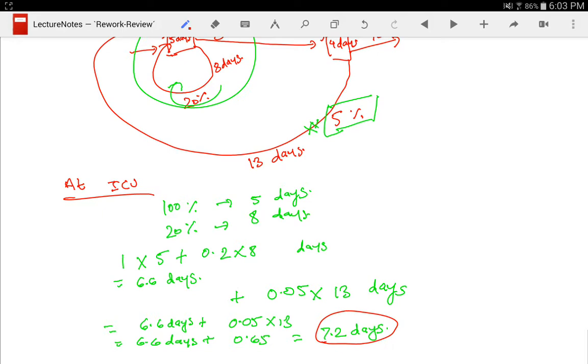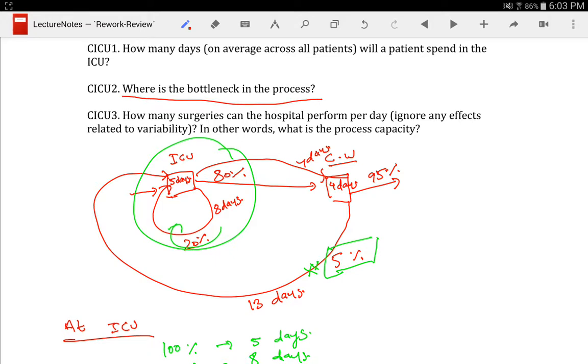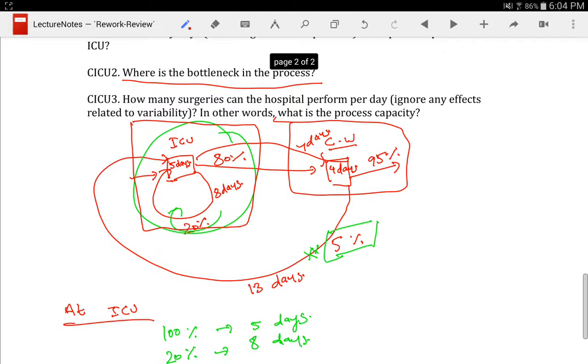Next question asks, where is the bottleneck? Well, to find where the bottleneck is, we need to find the capacity at the ICU, and we need to find the capacity at the cardiology ward. Let's find how much time on average a patient spends at the cardiology ward first. All 100% of patients stay there for 4 days.